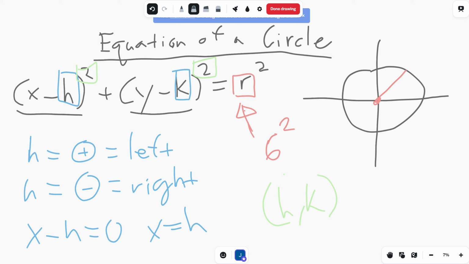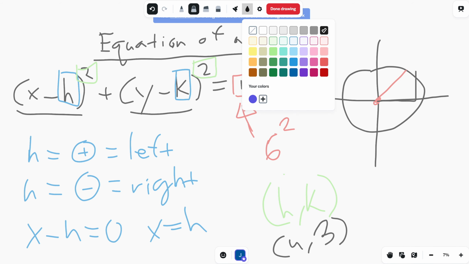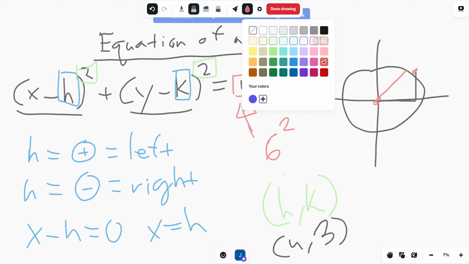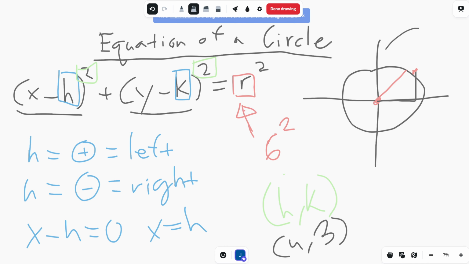So let's say we have the points H is 4 and then K is 3. This tells us that we're going to be shifting 4 units to the right and then 3 units up, meaning that our new circle will be placed right here and everything around it will now become greater.